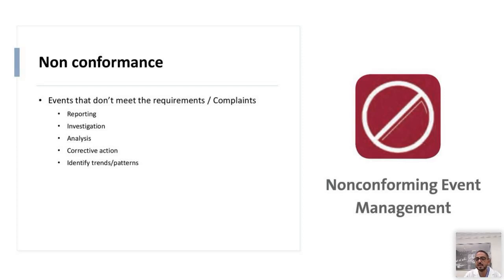What kind of analysis is done by the quality team or the lab leadership in order to assure that there is some sort of mitigation that will prevent such non-conformance from occurring again, which is the corrective action? And you would look at trends, if there is any pattern that is causing this non-conformance.